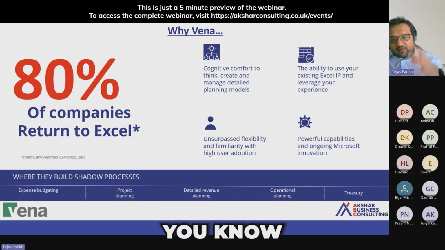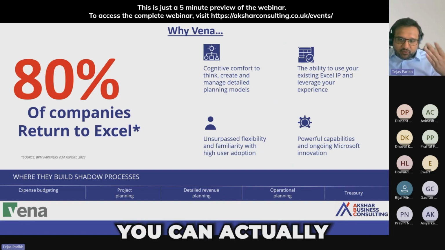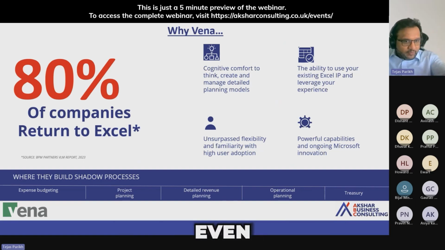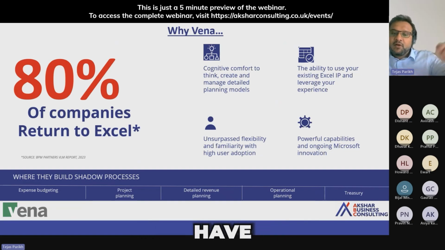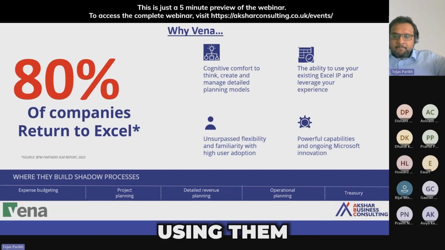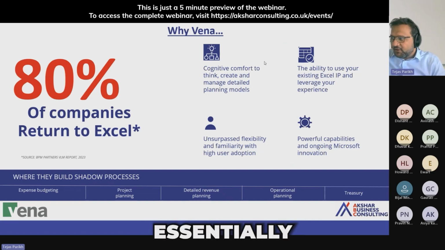So with Vena, the advantage is it's not like you are opening a blank sheet of paper and starting all over again. You can use all your Excel templates, even your consolidation templates and month-end templates, whatever templates you have. You can continue using them, but then enhance them with Vena. That's the beauty of the solution Vena have come up with.